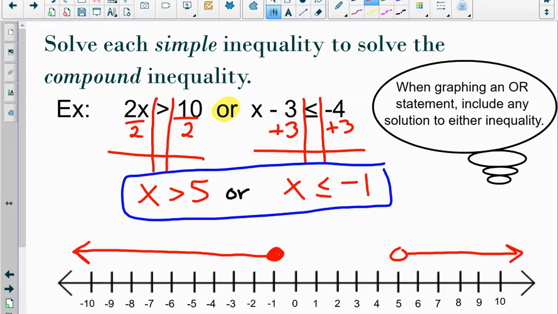The closed circle covers the "or equal to" part. So any number that's either greater than 5 or less than or equal to negative 1 would be a solution to this compound inequality, because the word "or" implies that it can be a solution to the first part of the inequality or the second part, either one.